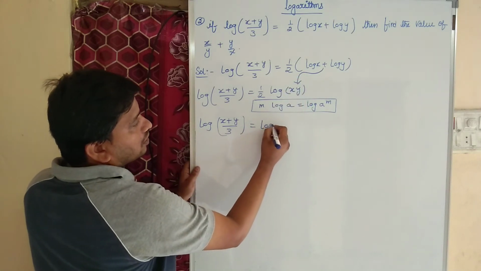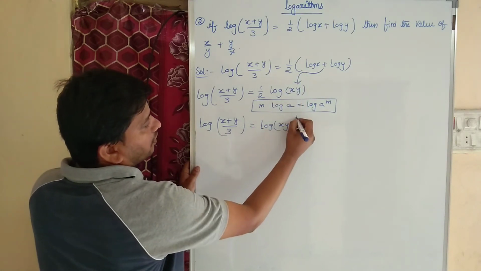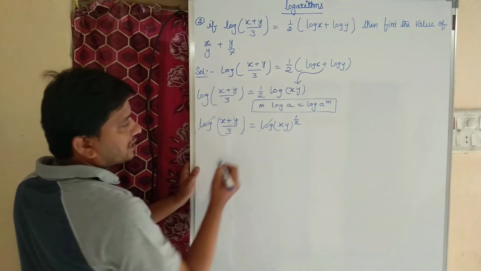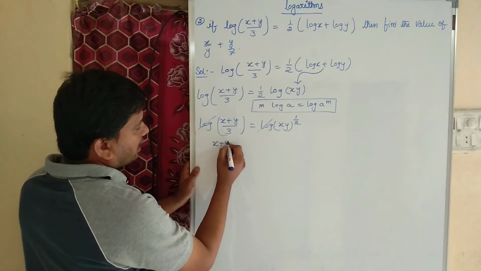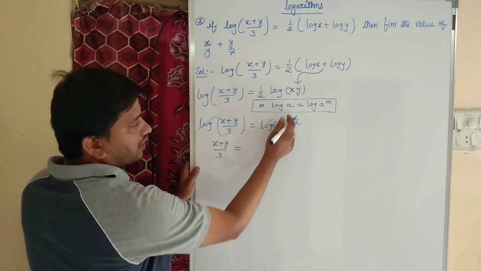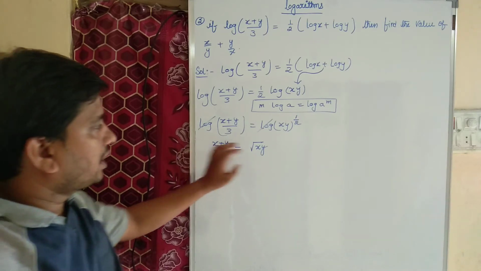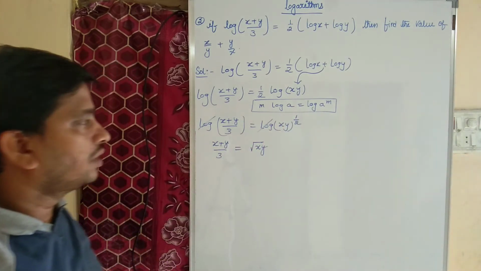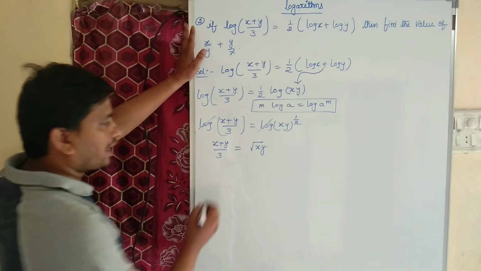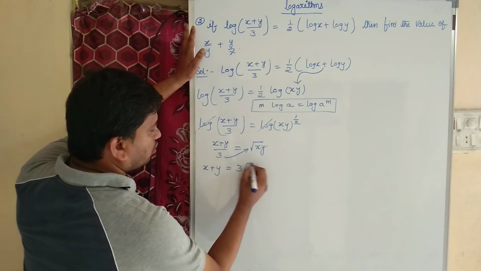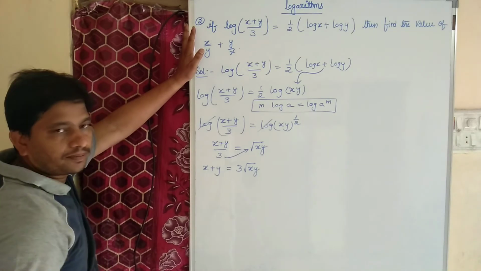I can write as log xy whole to the power of 1 by 2. So log gets cancelled. So x plus y by 3 equal to xy whole to the power of 1 by 2. Etla rayachu, xy whole to the power of 1 by 2, I can write as root xy. Now cross multiplication, x plus y equal to 3 root xy.